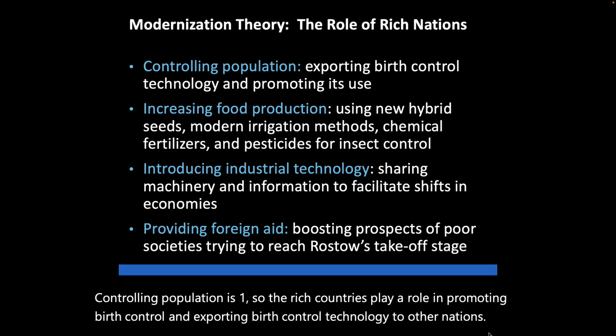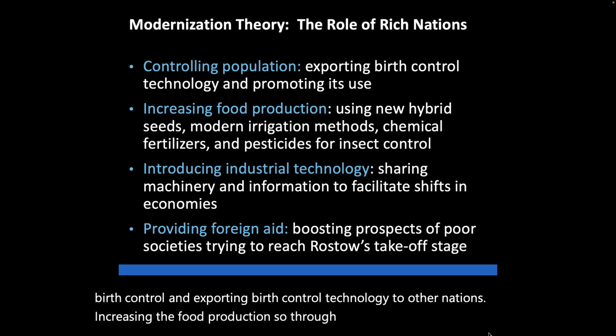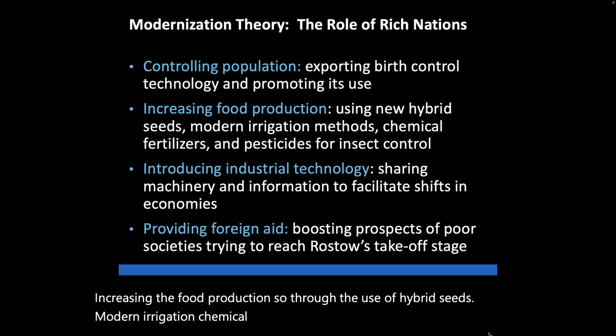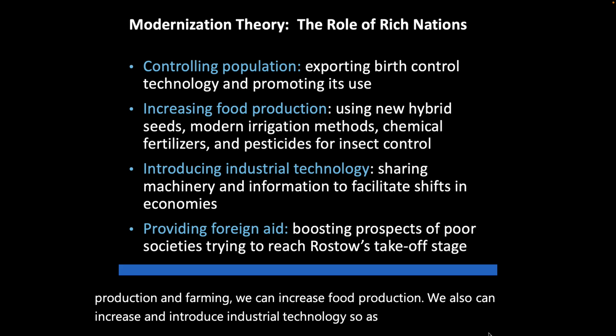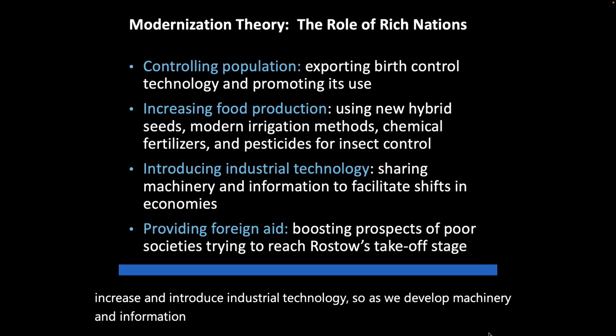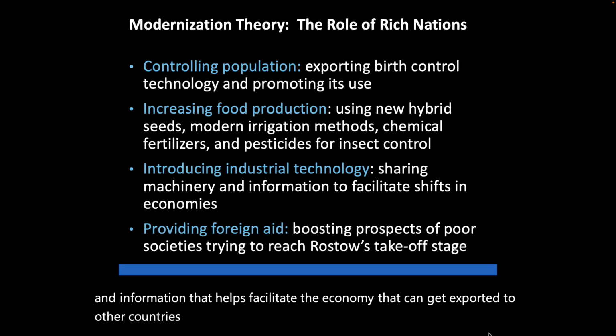Increasing food production, through the use of hybrid seeds, modern irrigation, chemical fertilizers, technology that we use in farming, we can increase food production. We also can introduce industrial technology. As we develop machinery and information that helps facilitate the economy, that can get exported to other countries too. And then, of course, we often provide foreign aid.